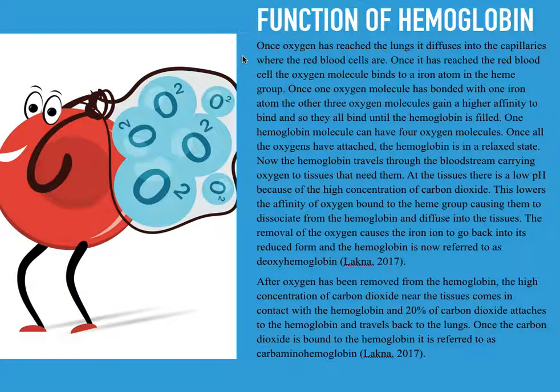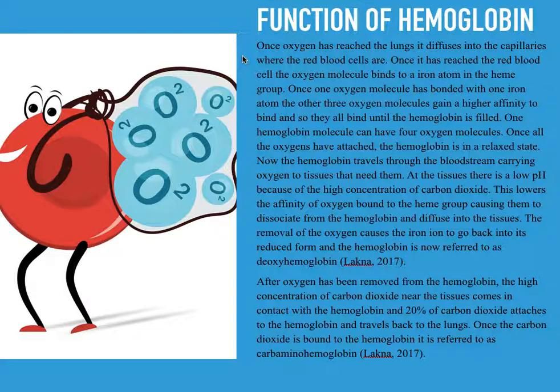Function. The function of hemoglobin. Once oxygen has reached the lungs, it diffuses into the capillaries where the red blood cells are. Once it has reached the red blood cells, the oxygen molecules bind to the iron atom in the heme group. Once one oxygen molecule has bound with one iron atom, the other 3 oxygen molecules gain a higher affinity to bind, and so they all bind until the hemoglobin is filled.